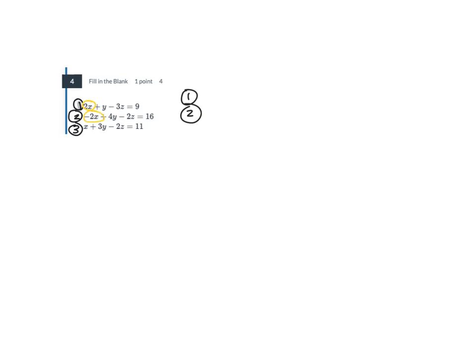So I see that those can be eliminated pretty easily. So that means that I am going to choose equation 1 and 2 in order to eliminate my x terms.